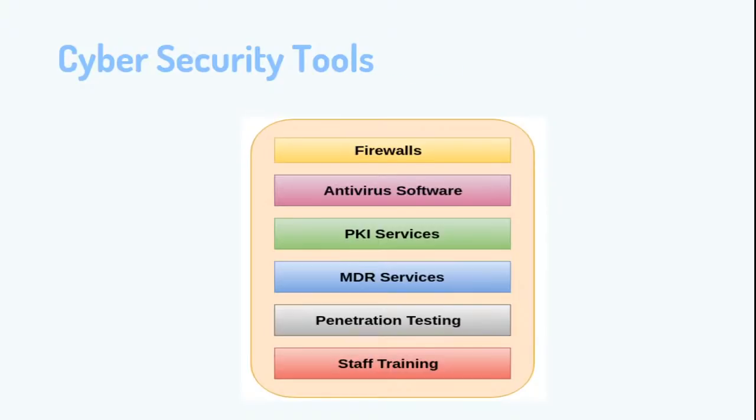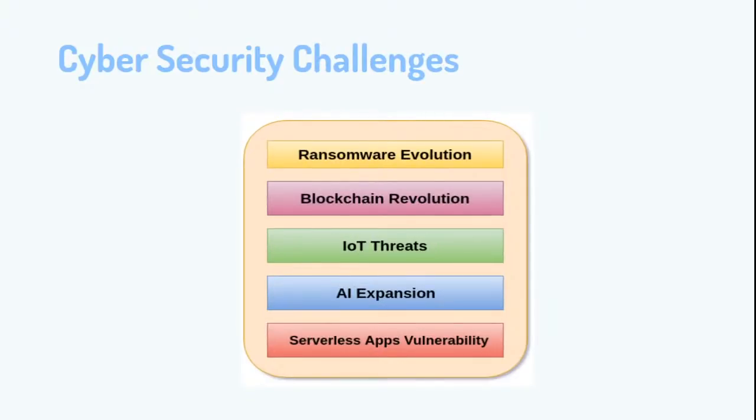Okay, then the next thing, challenges. These are the important challenges. Nowadays there is a new revolution, like blockchain. Till now we have been using a centralized bank server. If you want to send an amount from one user to another using PhonePe or Google Pay, you are using a centralized server only.